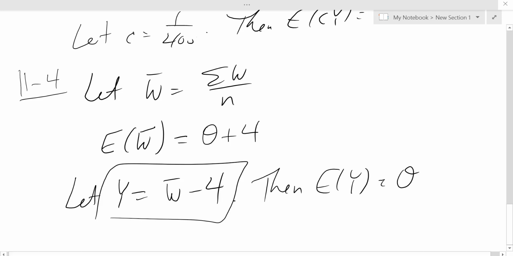I want to emphasize again how we got to this point. Notice that the problem didn't say, using the sample mean, find an unbiased estimator. It literally just said find an unbiased estimator for theta. The reason we chose the sample mean to start with is because we recognized the distribution as an exponential distribution.